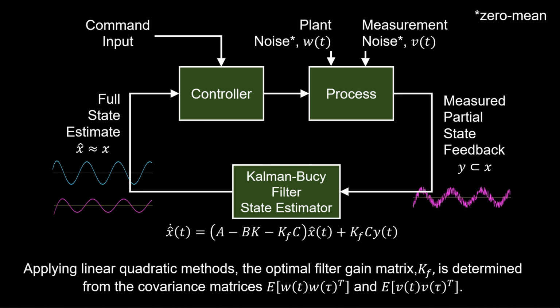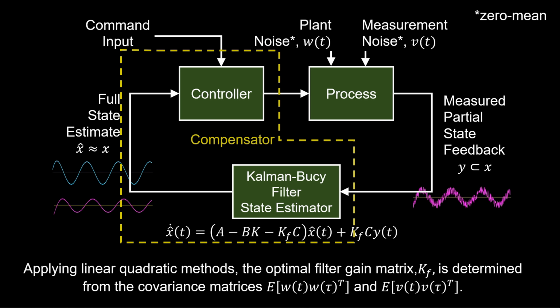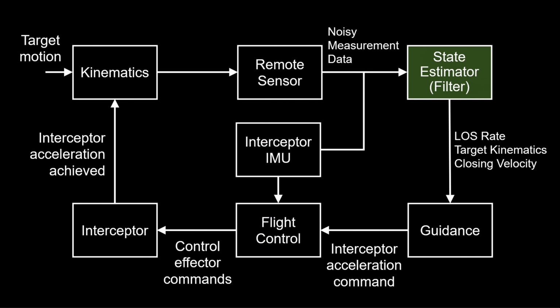Finally, we will discretize the Kalman filter and controller to simulate the discrete compensator with the continuous process dynamics. In the guidance homing loop, the Kalman filter is important because it can filter noisy measurement data and can estimate full state data from partial information that is not otherwise available.